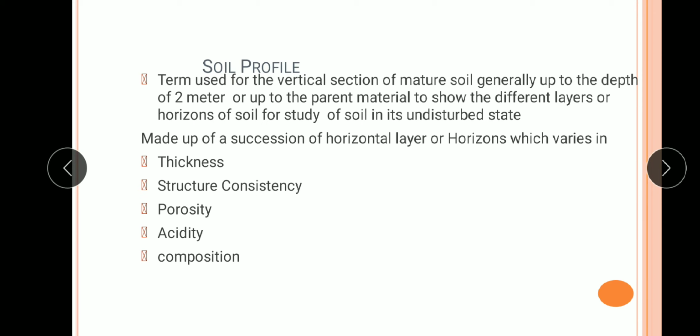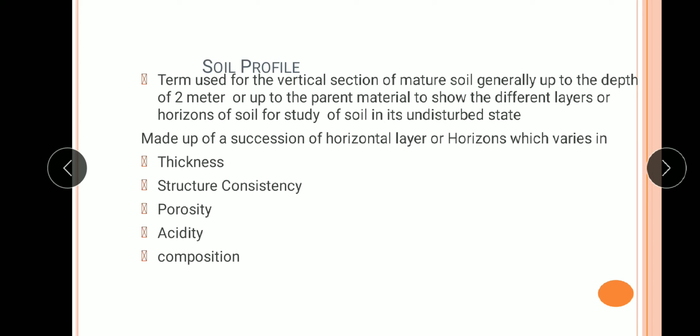Then we will discuss the soil profile. What is meant by soil profile? The vertical section of a mature soil, generally up to a depth of 2 meters or up to the parent material, to show the different layers or horizons of the soil for study of soil in its undisturbed state.